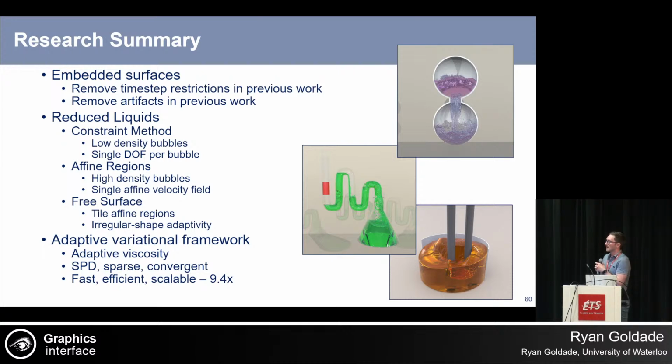This didn't extend to high-density regions, so we introduced the affine regions, which we were able to generalize as a strategy to speed up normal free surface fluid simulation that you would typically see. And then we also introduced an adaptive framework to discretize the viscosity PDEs that was symmetric, so we could use things like conjugate gradient. It was sparse, we proved it converged, and we got speedups of up to 9.4x.